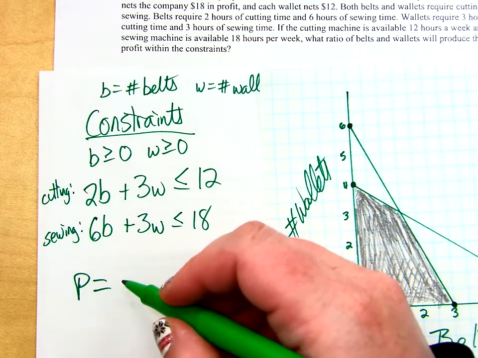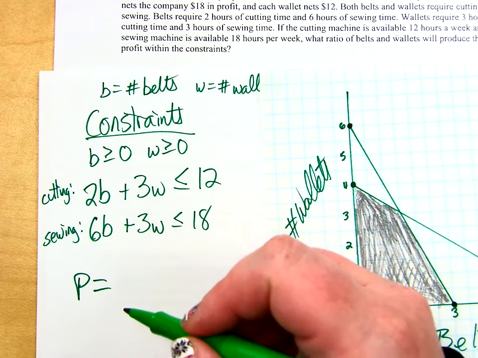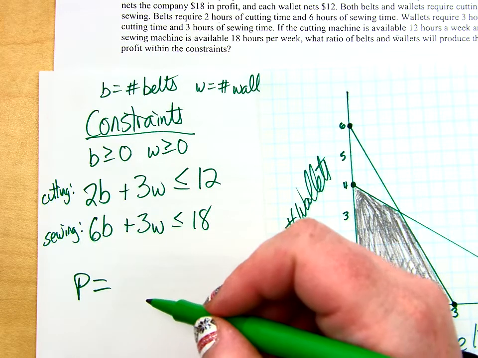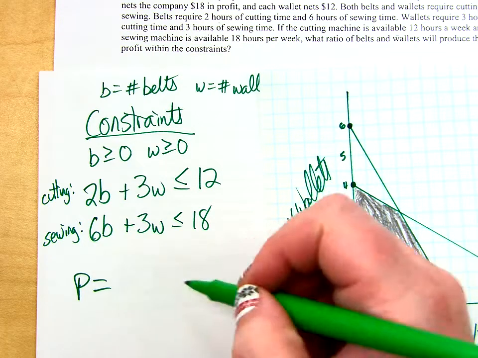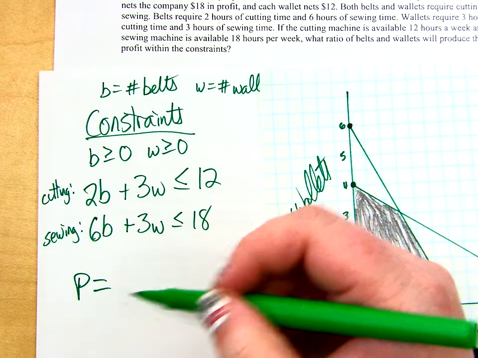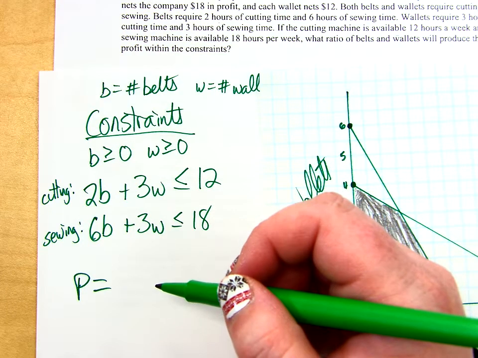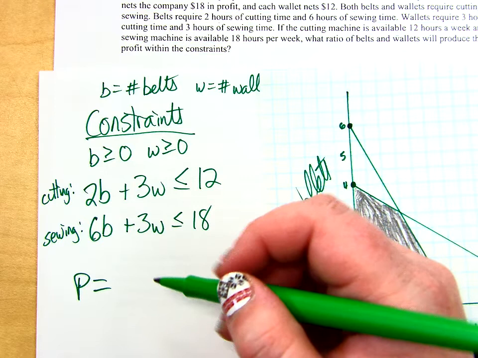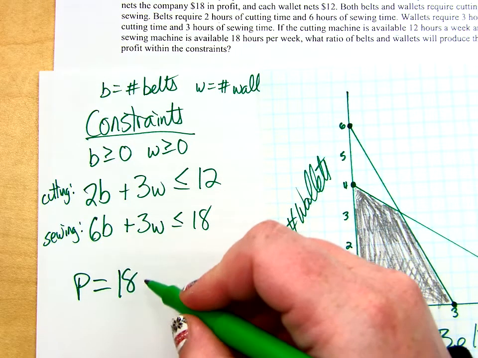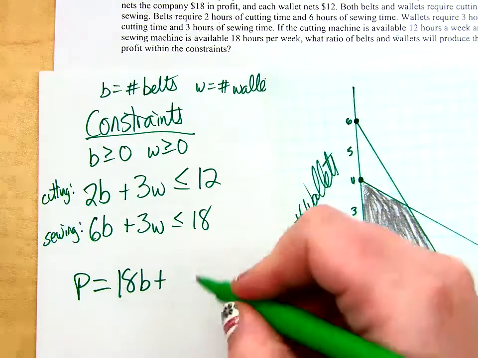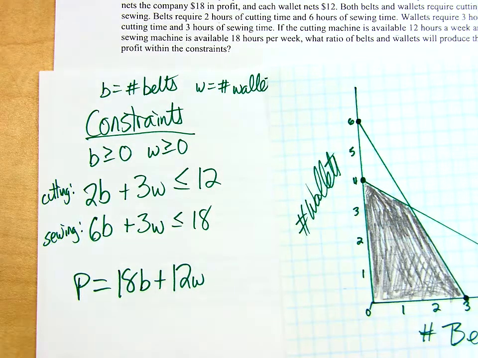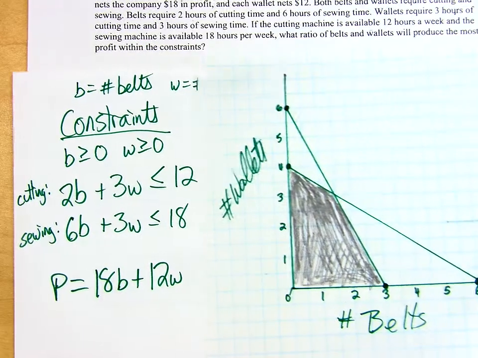Well, I want an equation for however many belts and wallets I make. I'm making $18 per belt. 18B plus, you got it. So there's my objective function, and into that, I'm going to plug in my vertices of my feasible region.